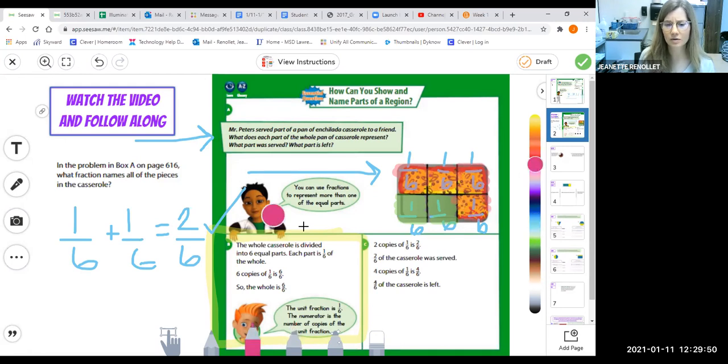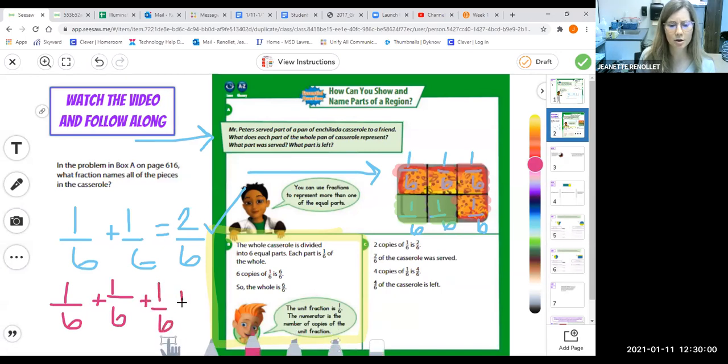If I add those together, that's 1/6 plus 1/6 plus 1/6 plus 1/6. If we combine them all together, I count 1, 2, 3, 4. 4/6 casserole is left. Great job looking at the example with me.